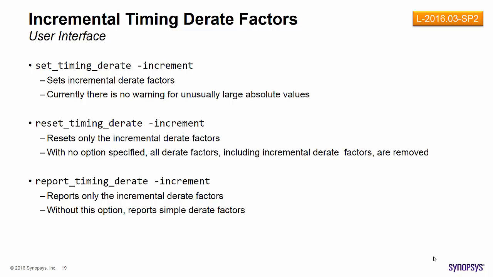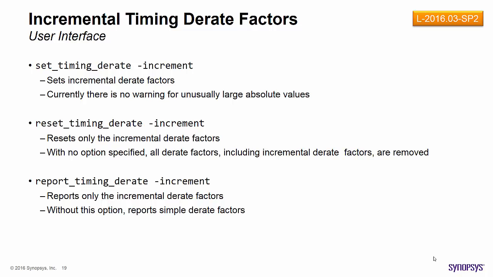User interface. set_timing_derate -increment will set incremental derate factors. Currently, there is no warning for unusually large absolute values. reset_timing_derate -increment resets only the incremental derate factors.